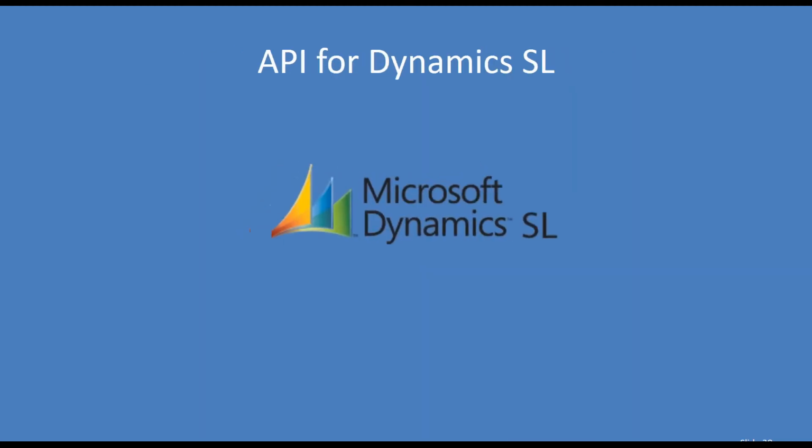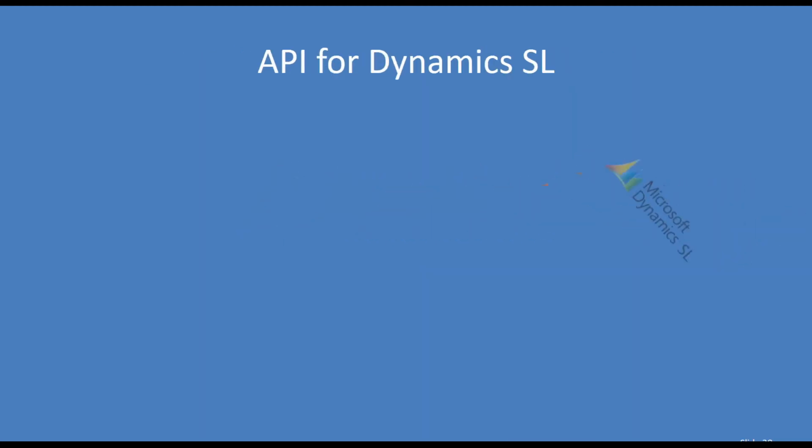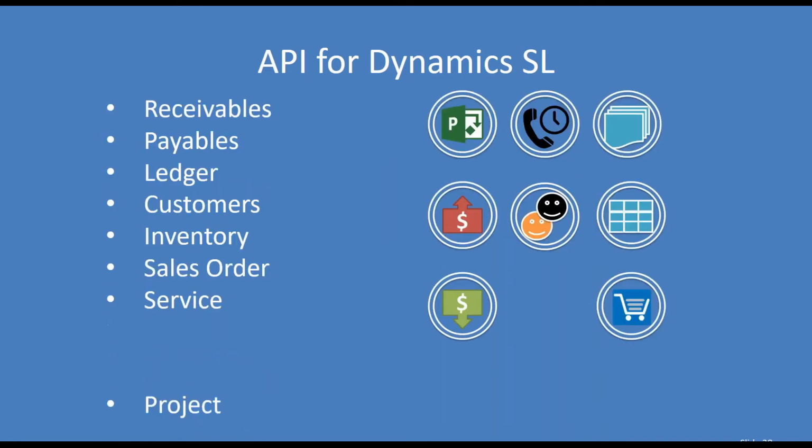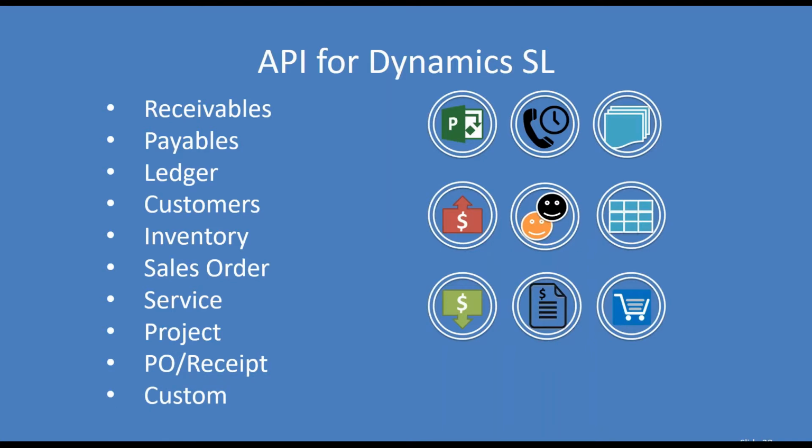So this is where our API for SL comes in. We have core integration solutions with many of the Dynamics SL modules, and then we have standard tool sets to allow connectivity to all these different third-party systems. It enables SL to securely share data with these systems while maintaining business rule integrity.